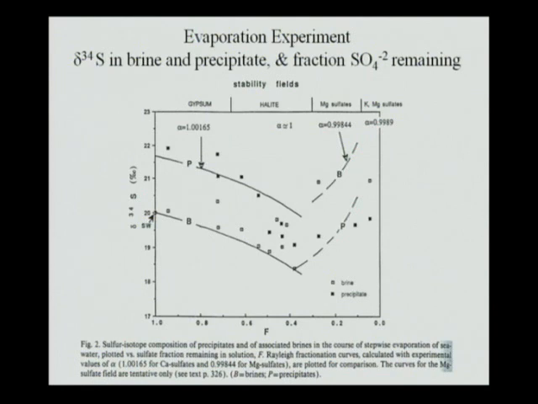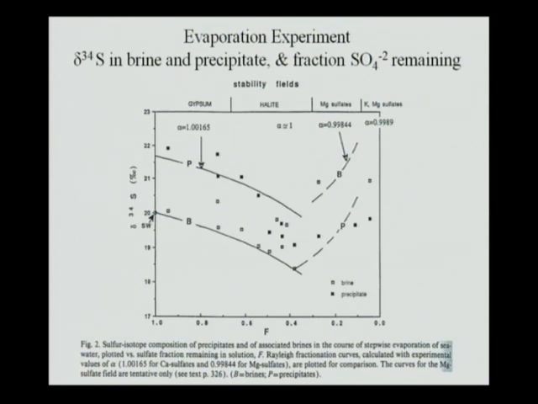And it is between 1.5 to 2 per mil, something like that. Here, the last points didn't want to obey the same rule. And here, the relation between precipitate and brine is reverse.